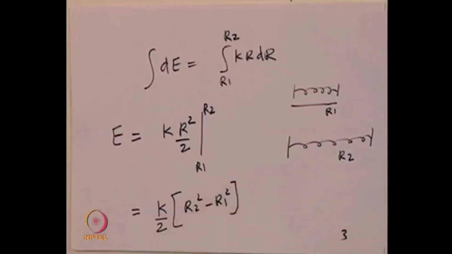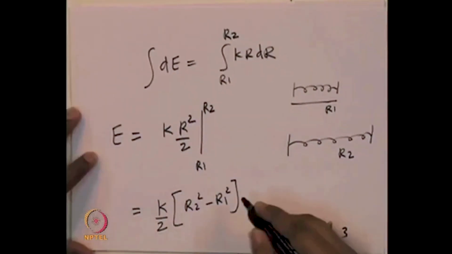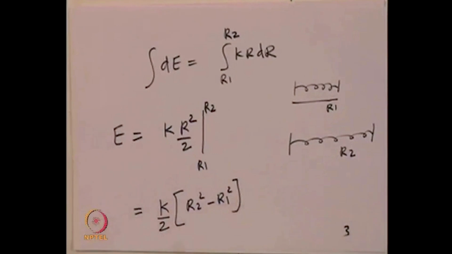So, this is the energy. This is the energy needed to pull a spring from r1 to r2. If this is r1, this is r2, the energy needed to pull a spring from r1 to r2 is k by 2 into r2 square minus r1 square. So, this is the answer.